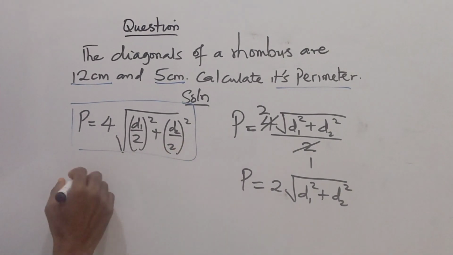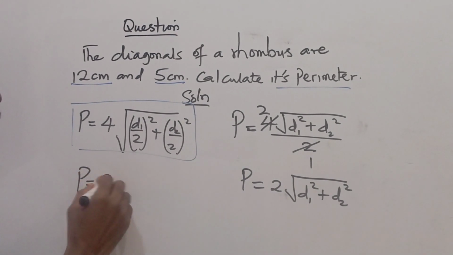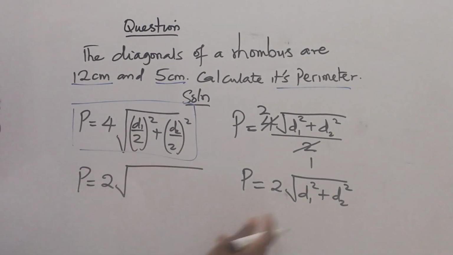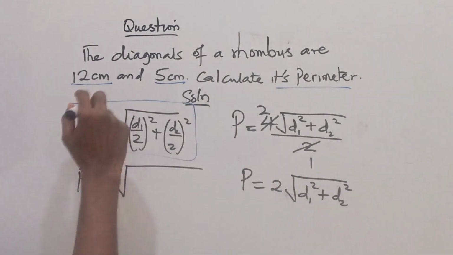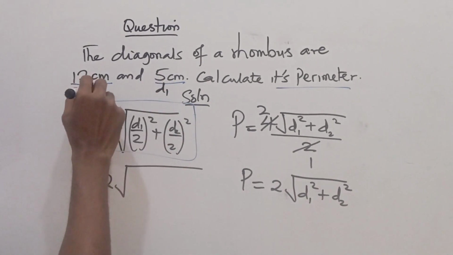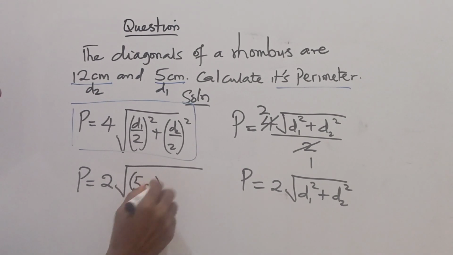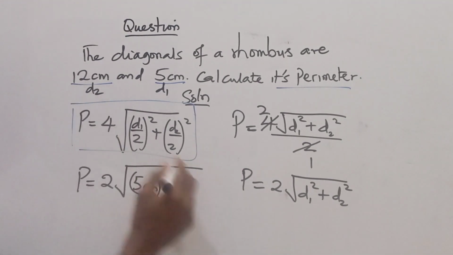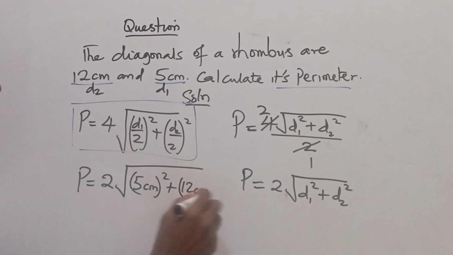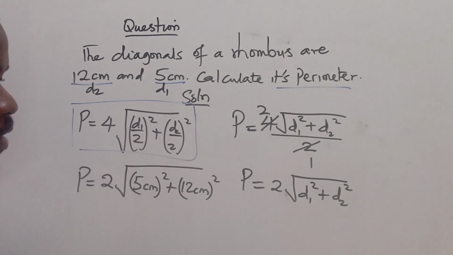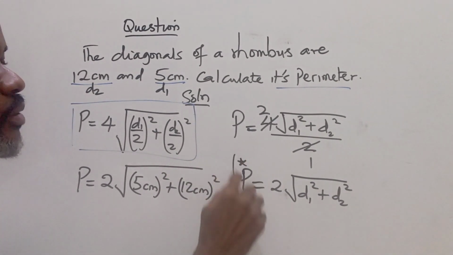So I have P equals 2 into the square root of D1, which is 5 centimeter all in bracket squared, plus D2, which is 12 centimeter all in bracket squared. Remember we're using this formula to solve.